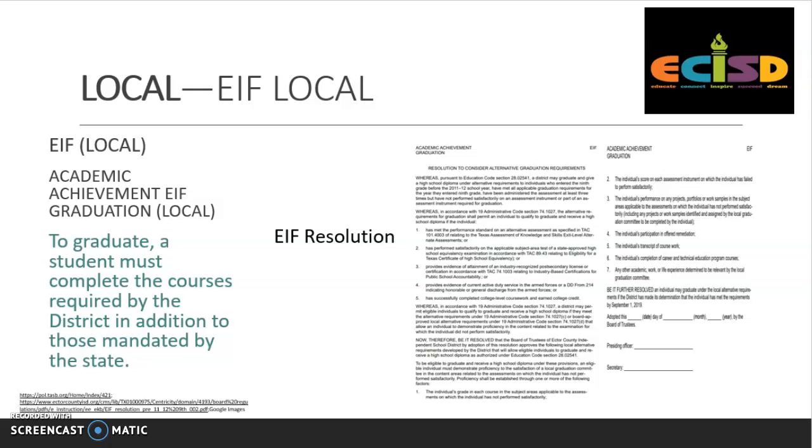However, for the resolution to consider alternative graduation requirements, the school district was guided by the letter from TASB. That resolution stated if your district's FMH local requires the students demonstrate satisfactory performance on all state assessments in order to participate in commencement activities, a board resolution or policy revision must be enacted.